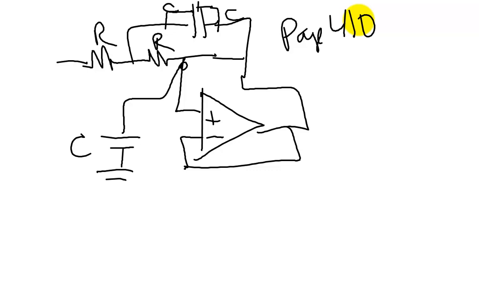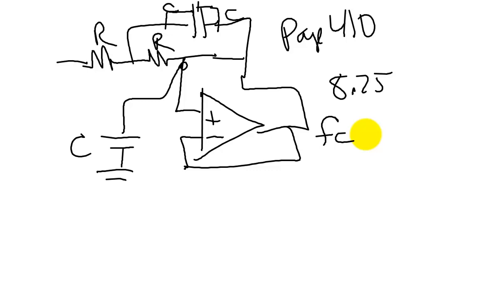Page 410, figure 8.25. Because the design process is pretty straightforward. You pick your cutoff frequency how? Rule of thumb is going to get you all the points on the exam.